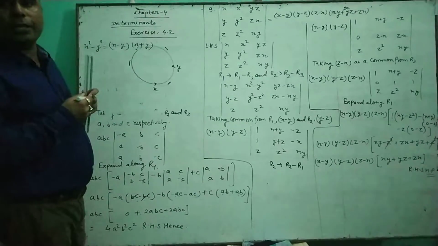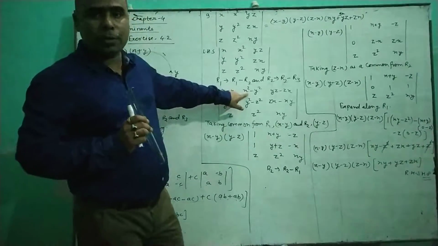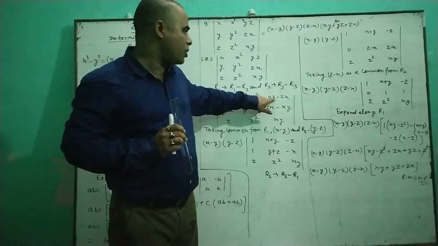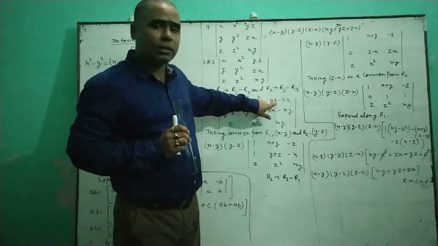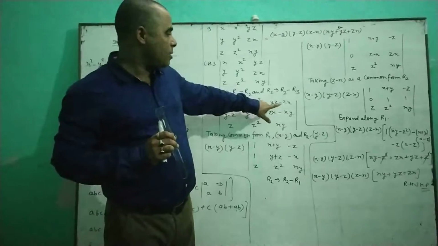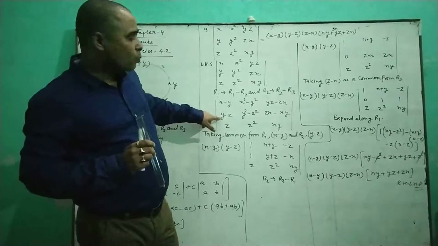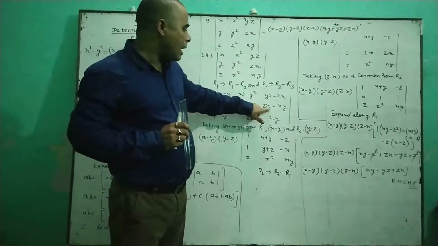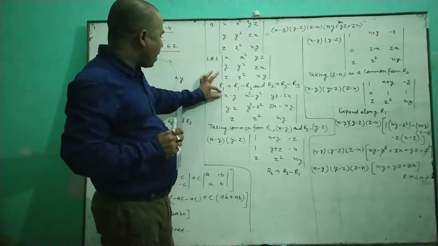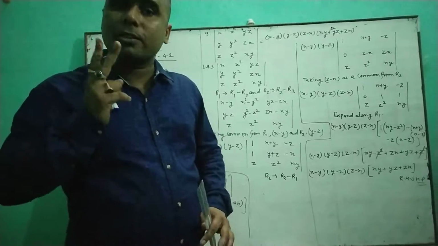Here we take common minus z, and x minus y will be left. Similarly, here y minus z is there, and we take common minus x, then we get y minus z. So from R1 and R2 we get two common factors, x minus y and y minus z.